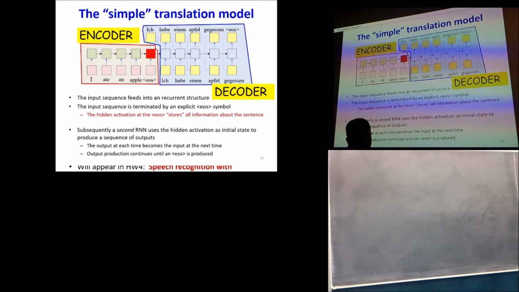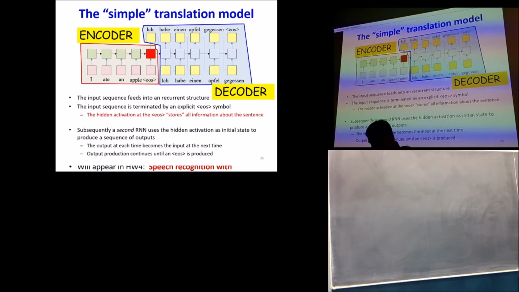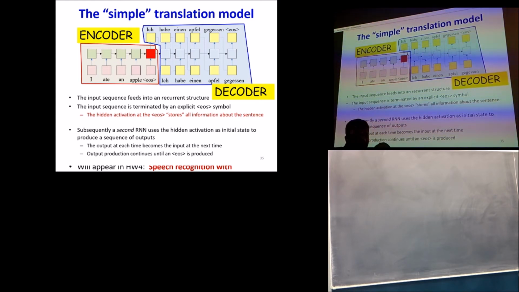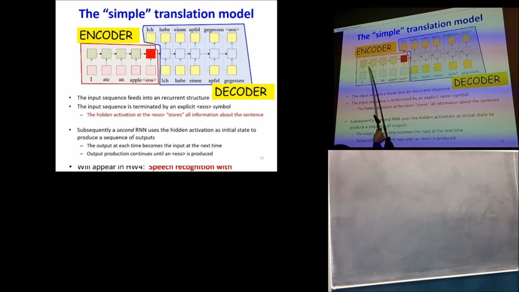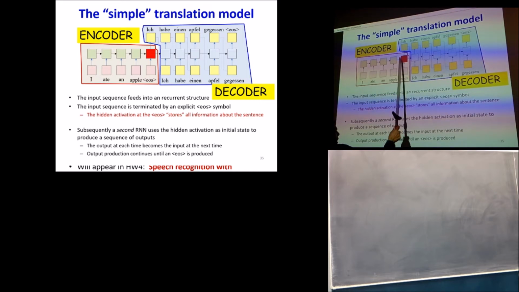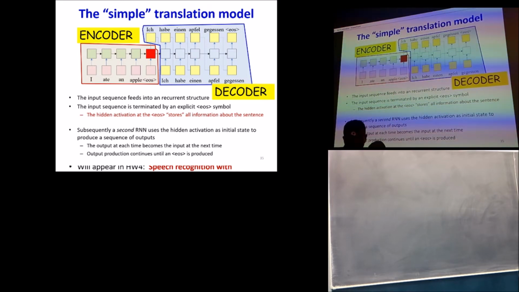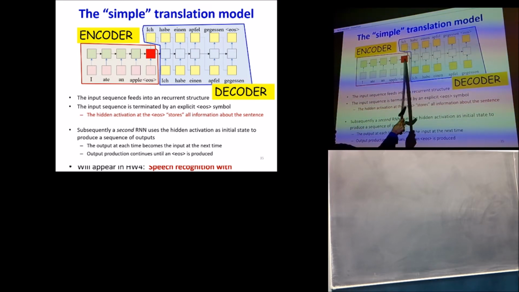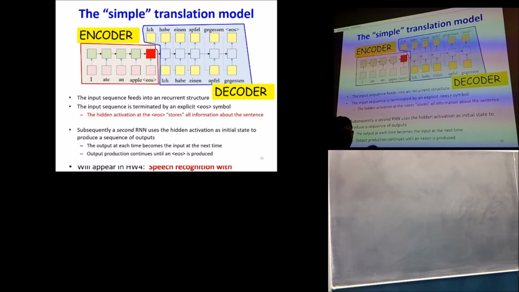So there are in fact now two separate recurrent networks. The first recurrent network consumes the input and produces a hidden value. We will call this first recurrent network the encoder. It learns to encode the input into this value. The second recurrent network takes this encoded hidden value from this red box and uses it to produce the output. So this we will call the decoder.